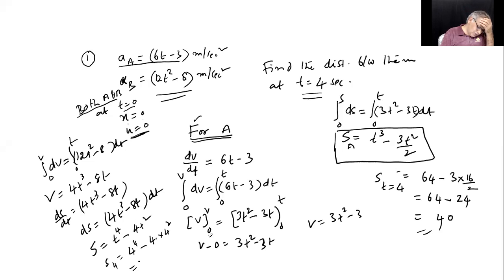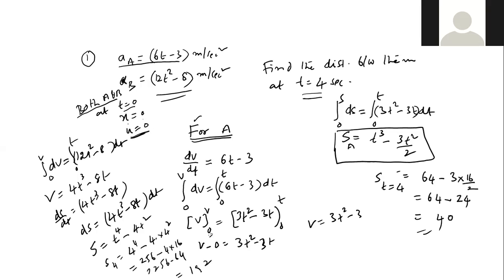No, how much is this? 256. Minus 4 into 16, 64. 256 minus 64, how much is this? 192. So this 192, that 40.